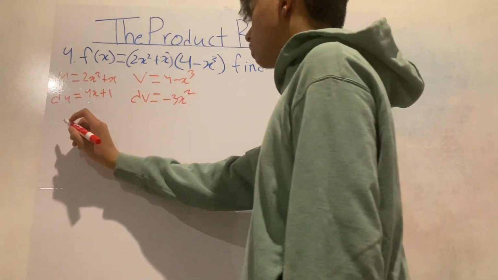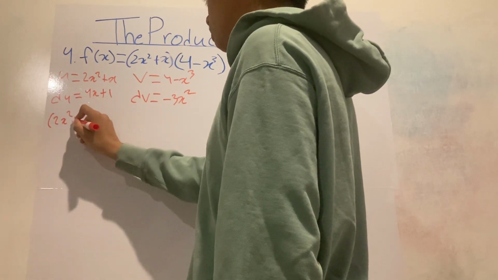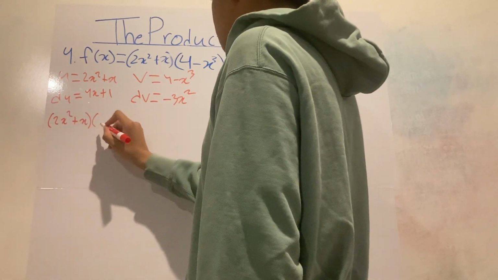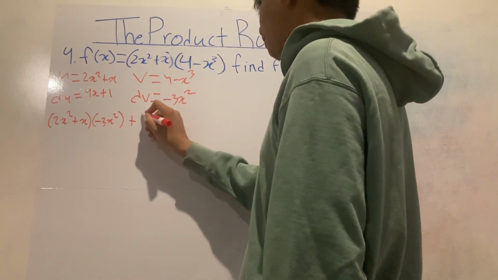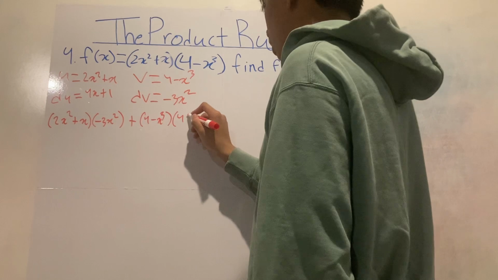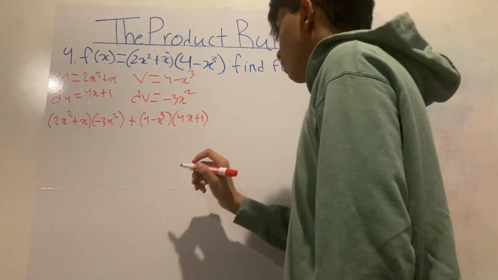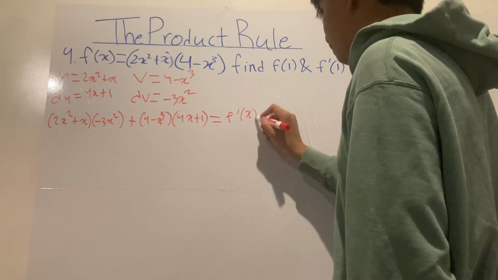Okay, now let's plug it into the formula. So 2x squared plus x times negative 3x squared, plus 4 minus x cubed times 4x plus 1. And this equals f prime of x.